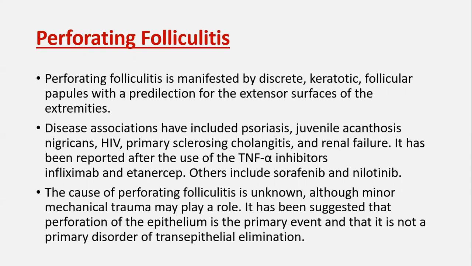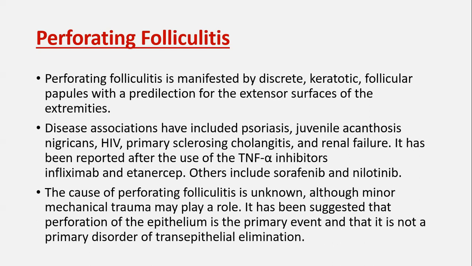The cause of perforating folliculitis is unknown, although minor mechanical trauma may play a role. It is suggested that perforation of epithelium is the primary event and that it is not a primary disorder of transepidermal elimination. So usually in a perforating dermatosis, there is at first damage to collagen, elastin, or another connective tissue structure.